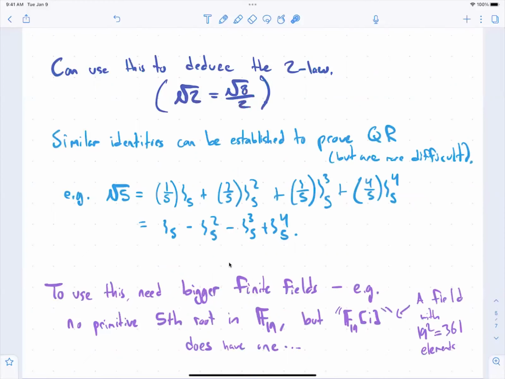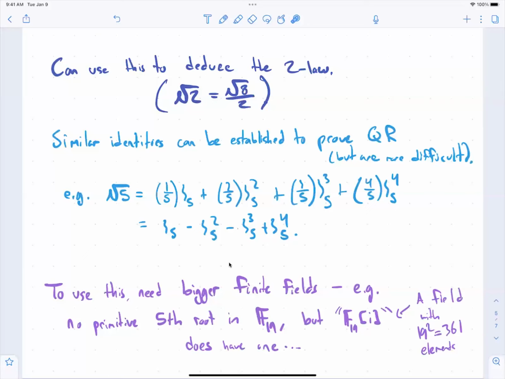So this tells you that if in F_p you have a primitive eighth root of unity, it gives you a way to produce a square root of 2. With a little bit more work, you can turn it into a way to check for any fixed p whether or not there's a square root of 2 in it. That involves some more complicated math that we're not going to get into right now.